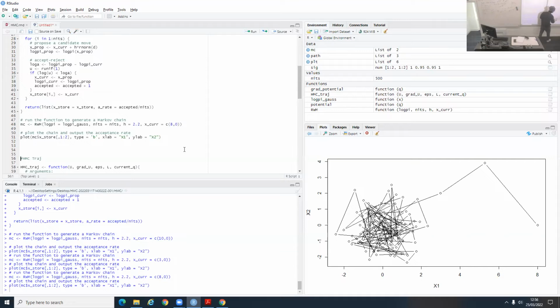So we should be sampling from this region, because this is 0 and 0. We should get values within these regions.